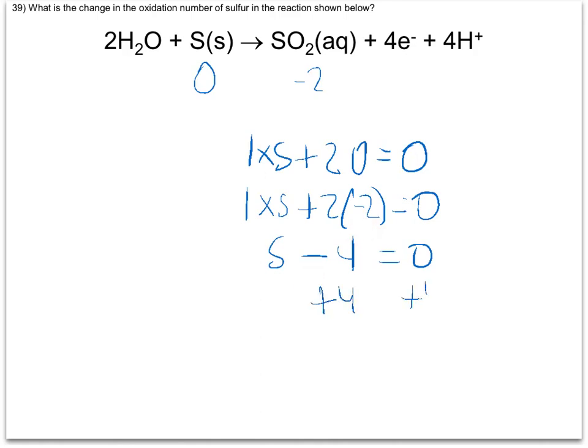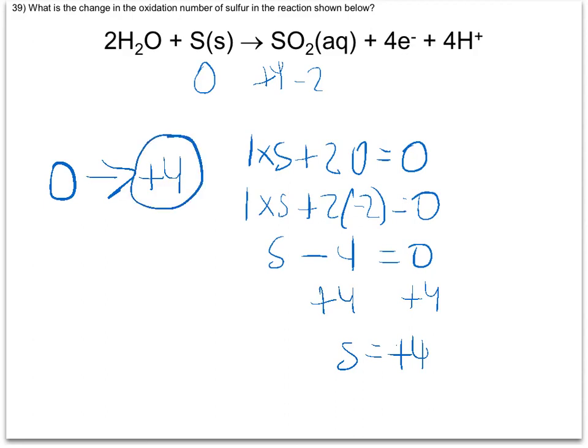So if we add 4 to both sides, we get sulfur has a +4 charge. Okay, so the change in oxidation number, we went from 0 to +4. So our change in oxidation number is +4, which means it lost, so sulfur was oxidized.